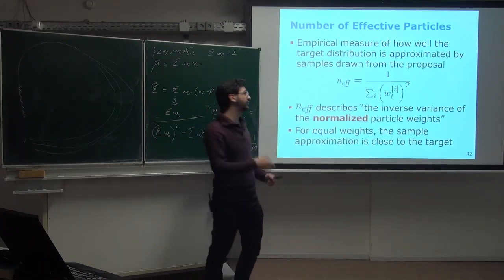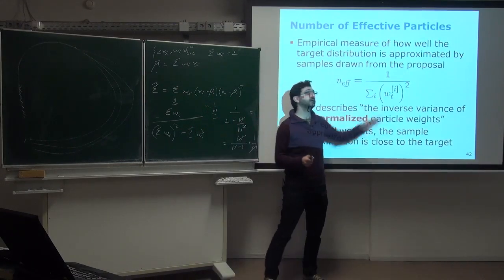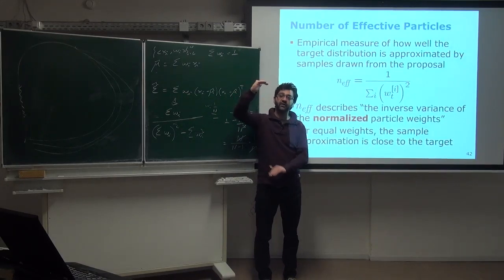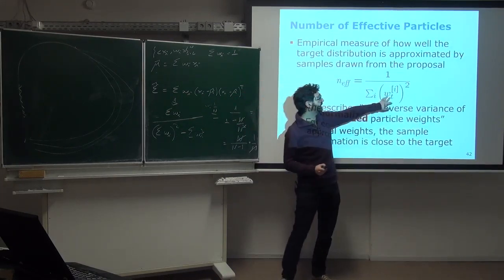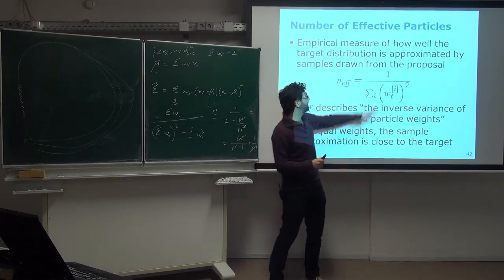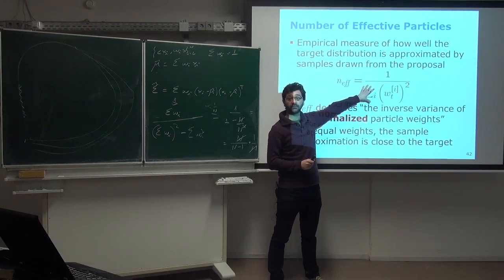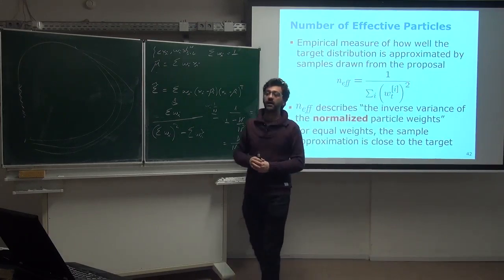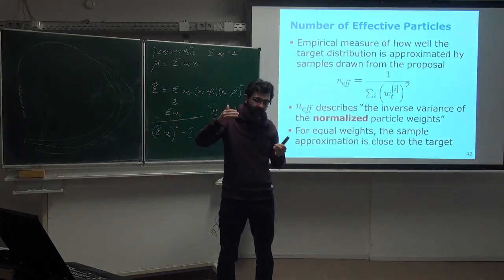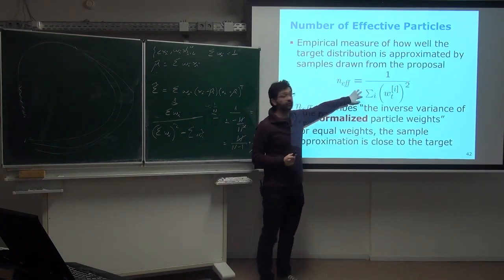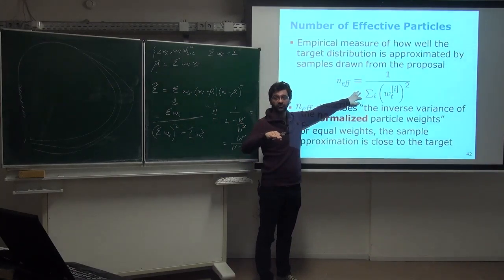So the number of samples whose weight is very high with respect to the ones which are very low. If all the weights are roughly the same, this number will be very close to 1, okay? But if some of them are very high and some of them are very low, this number will be very close to 0. It's going to 0, okay?